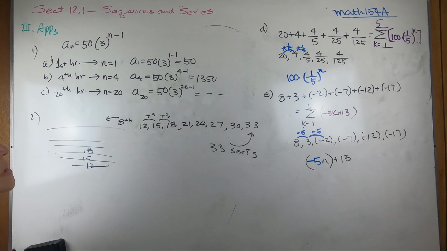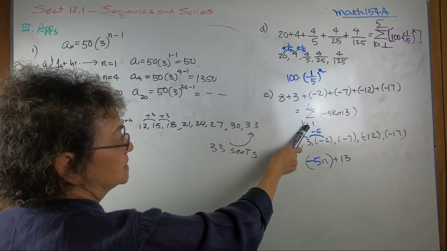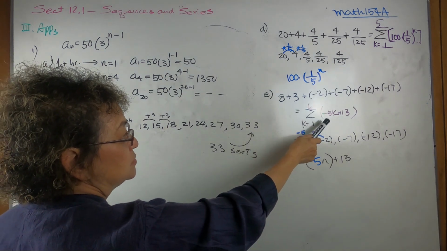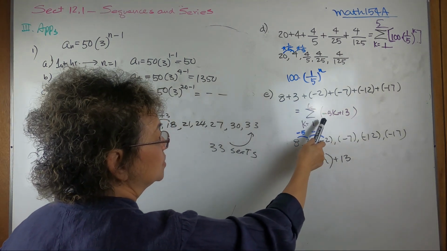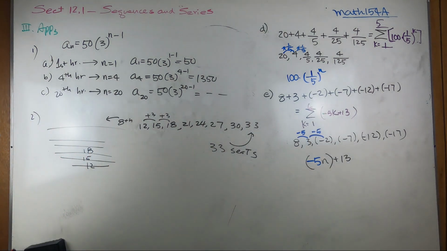Then we learned the notation, the sigma and the index, lower index and upper index. Then you write your general term behind the sigma symbol to represent your series. So we start from here, then we will do some more. That will be our section 12.1 for today.